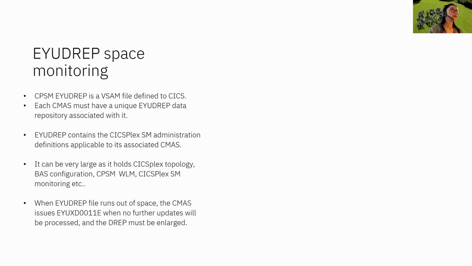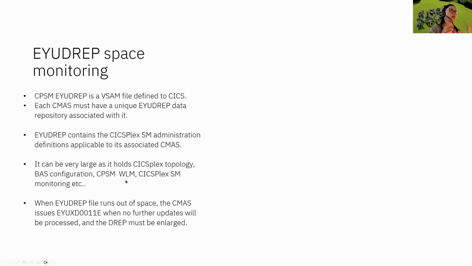The next one is on the EYU DRAP space monitoring. This EYU DRAP hosts all the CICS administration definitions as applicable to the CMAS. It can be very large because it holds the CICS topology, and if you have BAS configuration, it also hosts that.